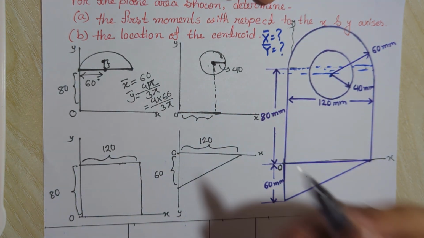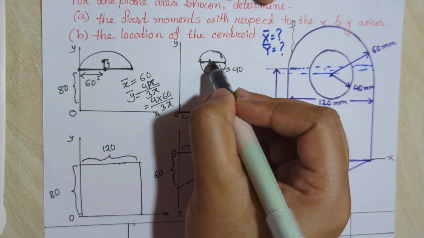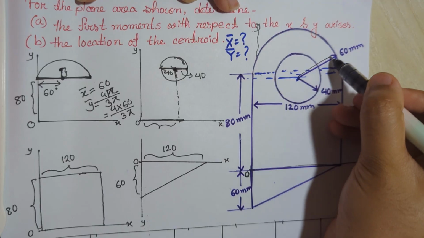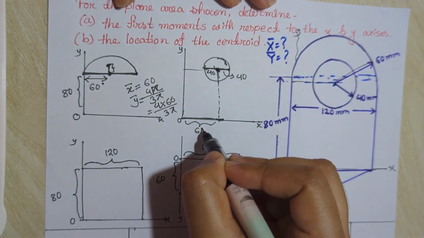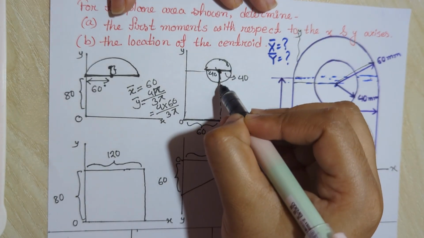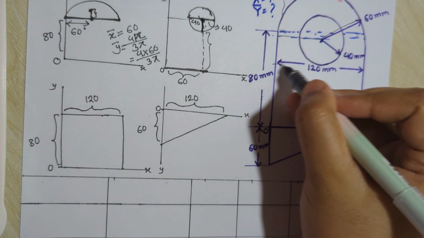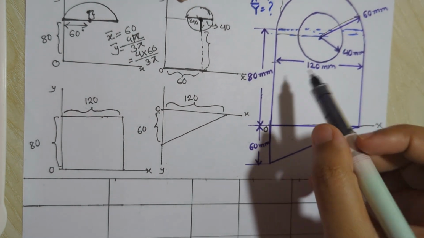This distance will be x, and from this figure we can see that this is 40, and if you look at this, then this total is 60. So this total distance will be 60, and this radius portion will be 40. Sorry, here in the question they already give us this information directly.